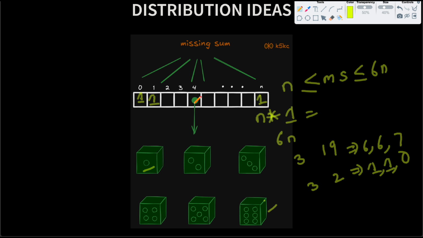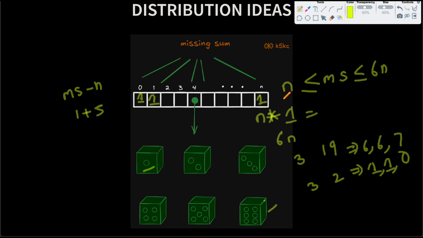Then our missing sum will be equal to missing sum minus n. Then we distribute the remaining missing sum among these elements without exceeding the maximum roll value of 6. For that we will try to assign 5, because 1 is already there. So we will assign 5 greedily to all the observations until we run out of missing sum.